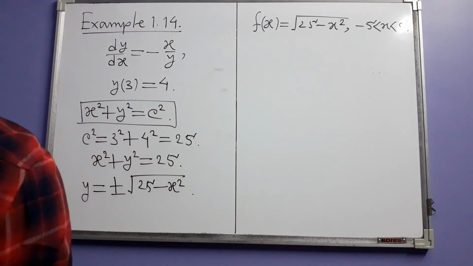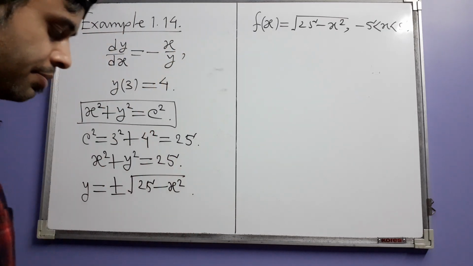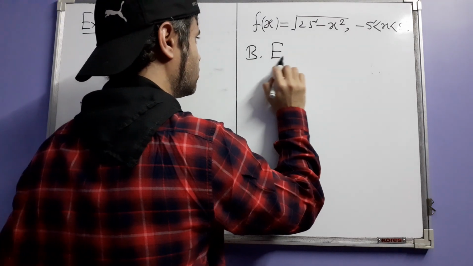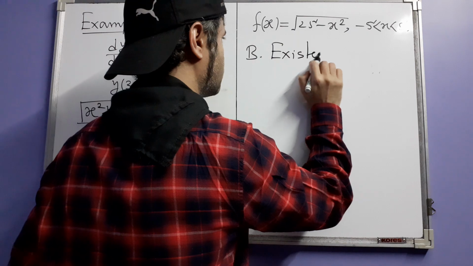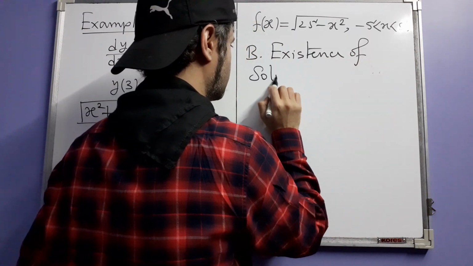Alright, now next comes the question of existence. Now we go to the existence part. So this is B. Existence of solutions.